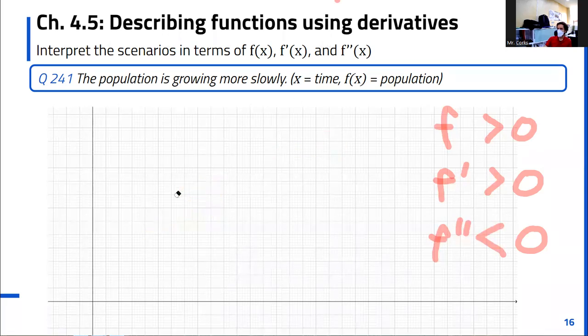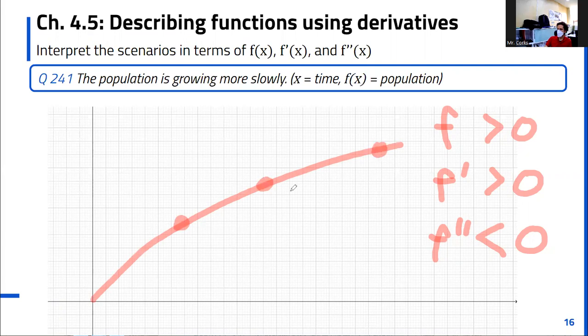And that would give us roughly, let's do this in red, a shape like this. So as we move along our function, the slopes are getting a little bit less positive, a little less steep. So that's this one.